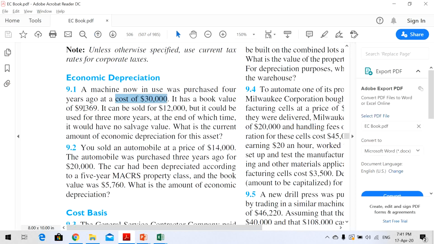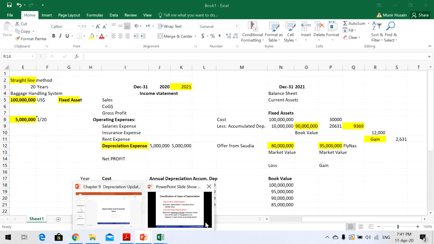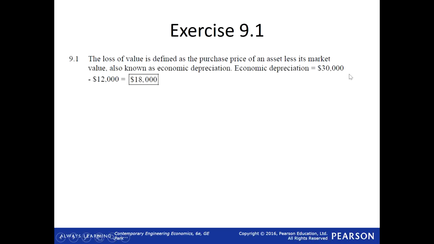So what we need is 30,000 minus 12,000. Simple, right? 30,000 minus 12,000 is 18,000. This is what we call economic depreciation.